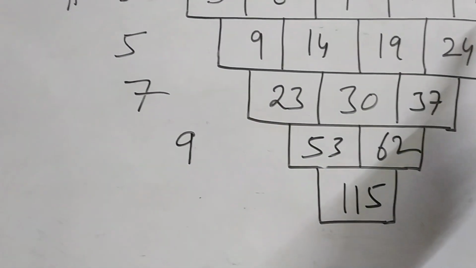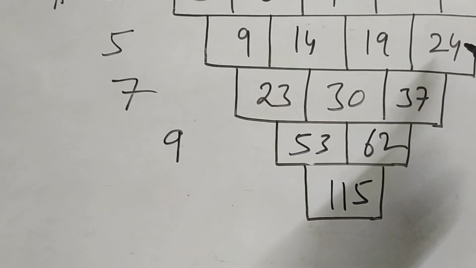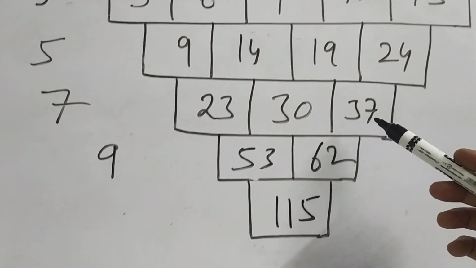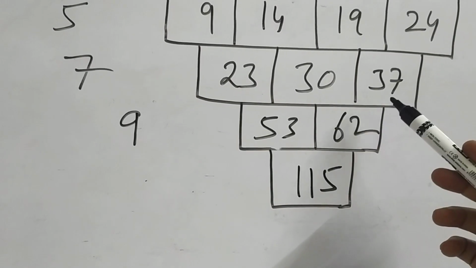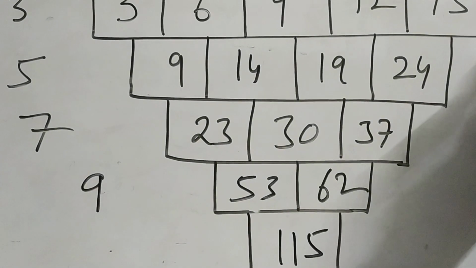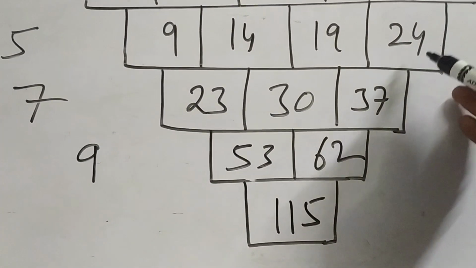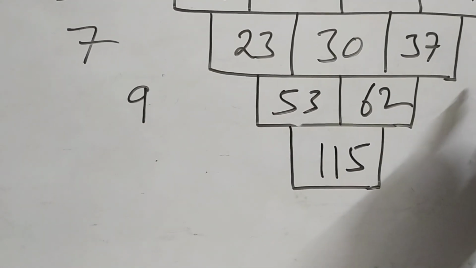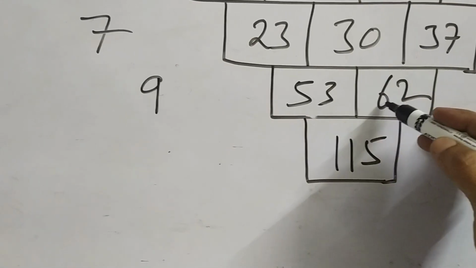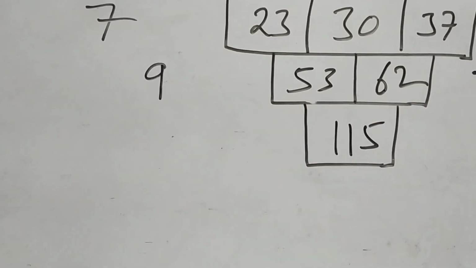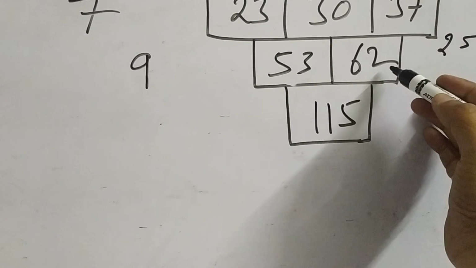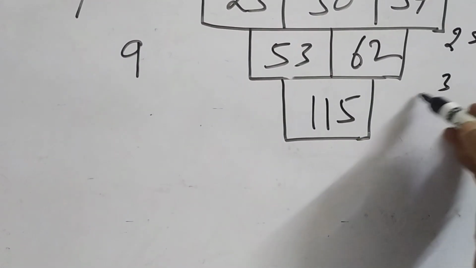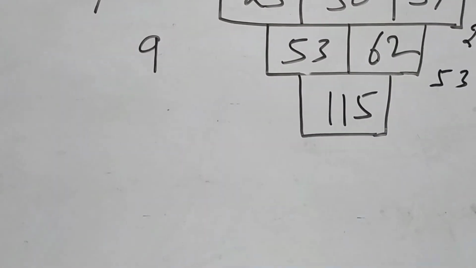Any pattern? 15 plus 9, 24 plus 13 equal to 37, 25, and here 5 minus 2 is 3, 11 minus 6 is 5.